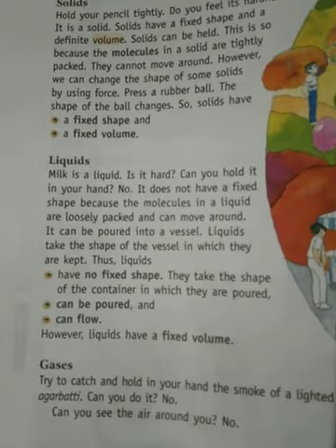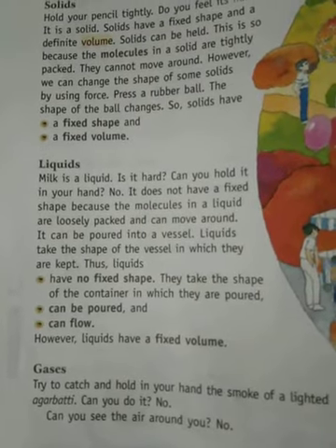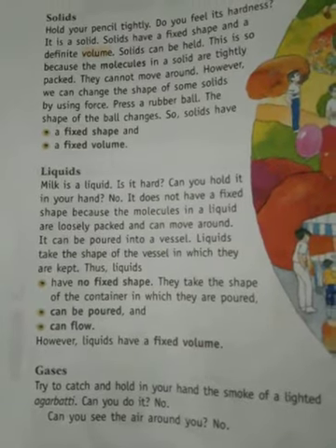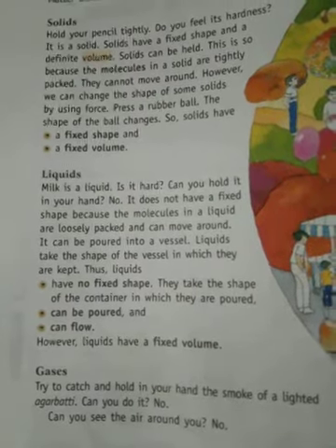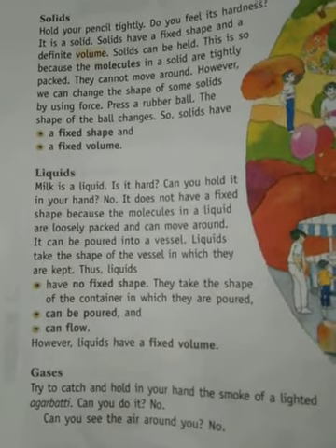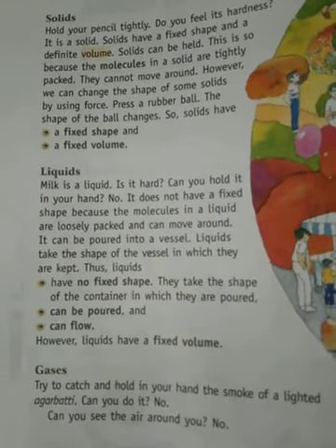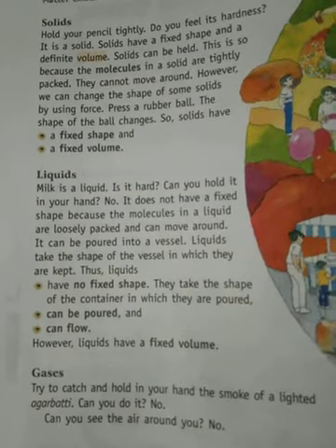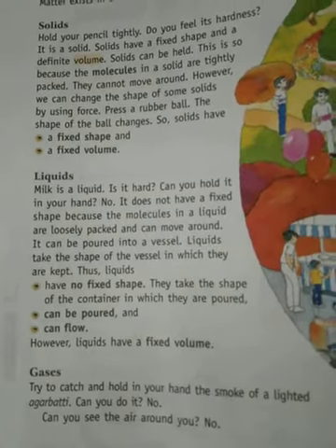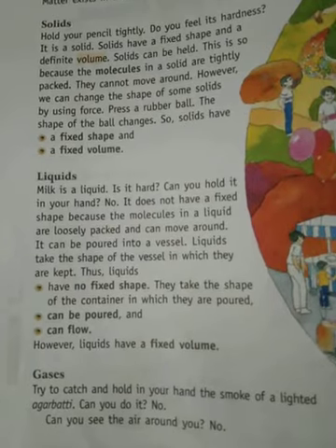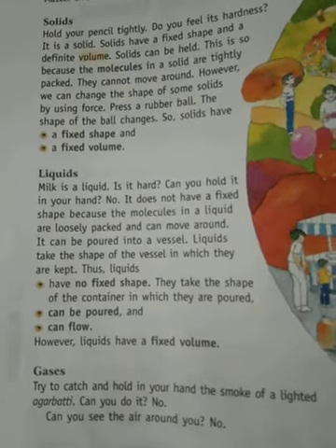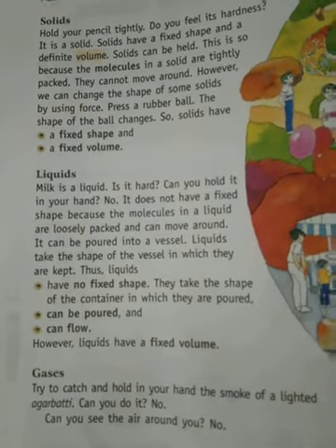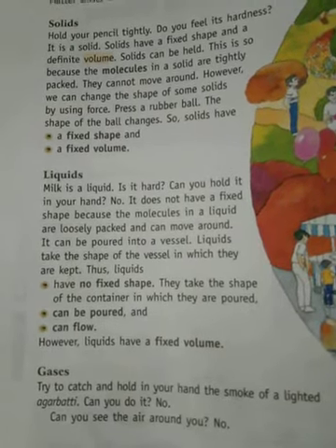Because it is not hard and it can move around. The molecules inside that liquid or milk are quite loosely packed. They are not tightly packed, so they can move around, and due to this the shape of the liquid cannot be fixed. It can take the shape of the vessel where you are pouring it.